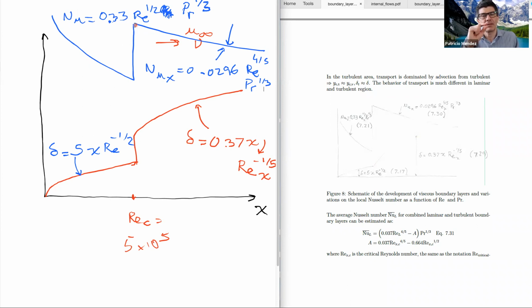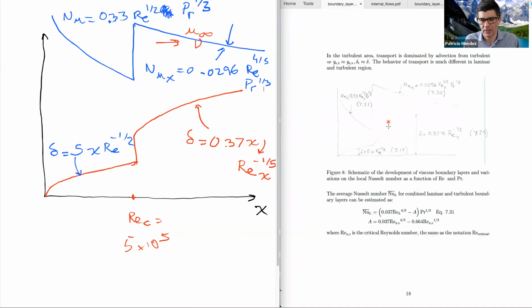And this turbulence actually makes a thicker boundary layer so much more conductive that it also has a higher convection coefficient or higher Nusselt number, right?